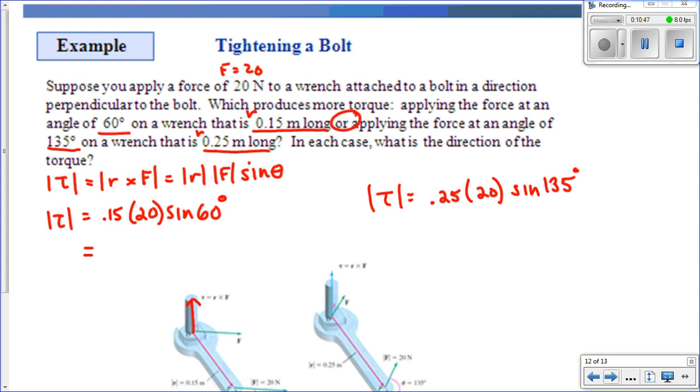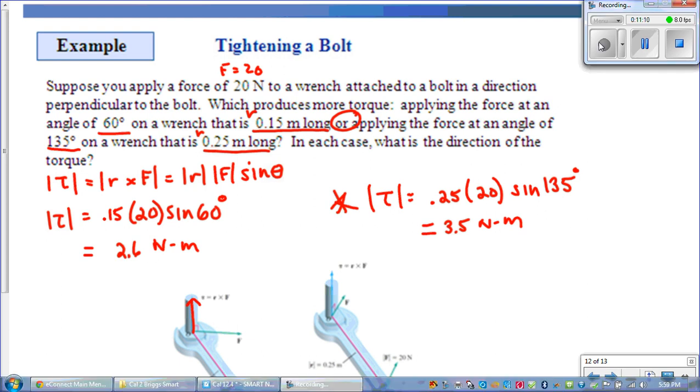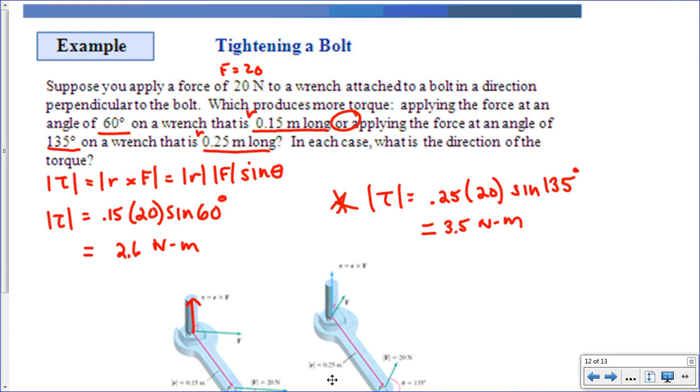So we'll have 2.6 Newton meters for the first case. In the second one, we'll have 3.5 Newton meters. So we get the greatest torque by using the longer wrench and a larger angle. And in each case, the torque is orthogonal to R and F, parallel to the shaft of that bolt.